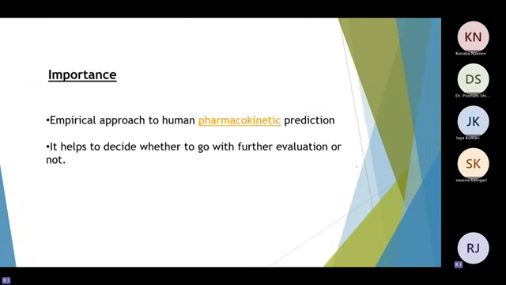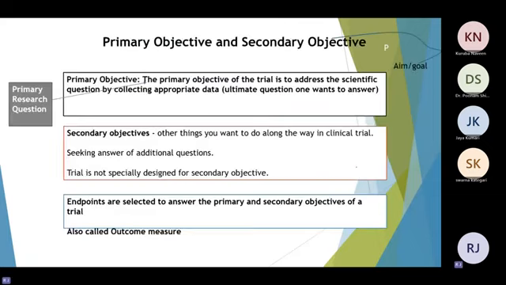Okay. Any questions so far? Is everybody clear on what phase 0 is and whatever we have learned so far? If no question, then I can initiate the next topic.